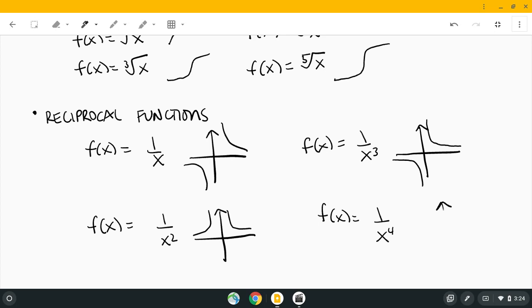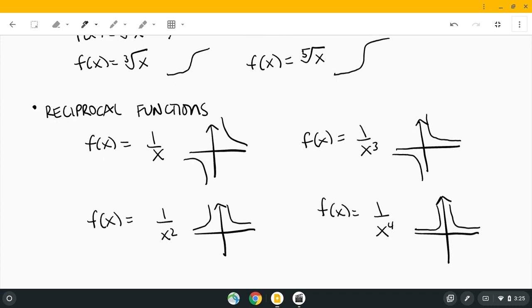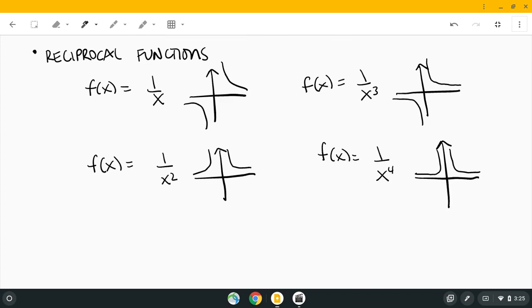And then same thing here. Closer in towards the origin as that exponent increases. Okay. And then we also have the absolute value function.